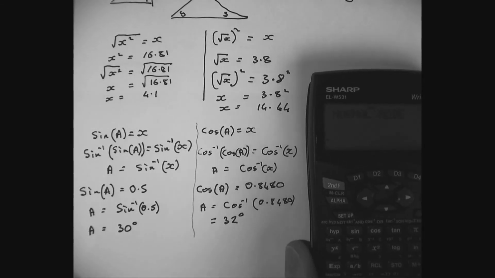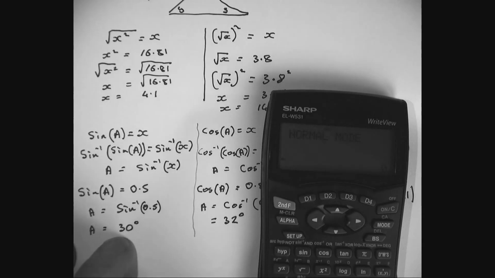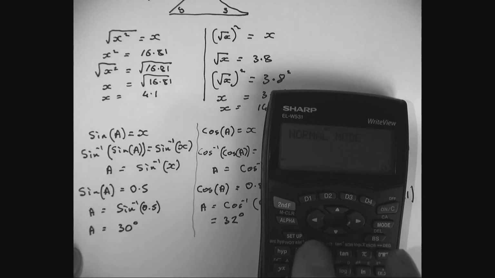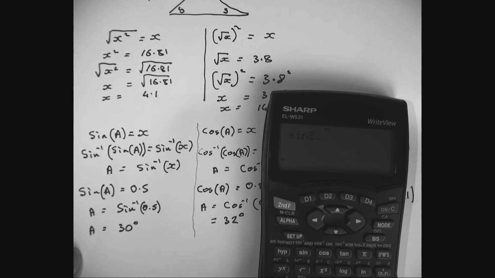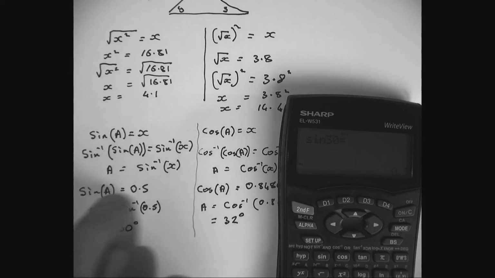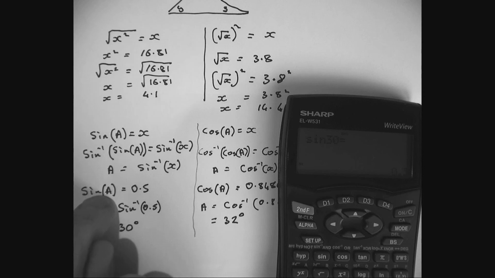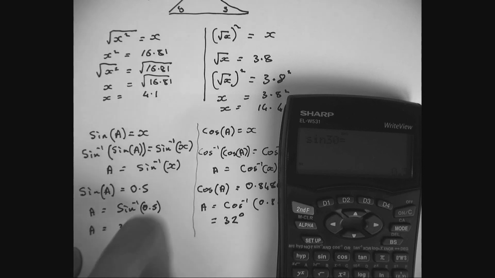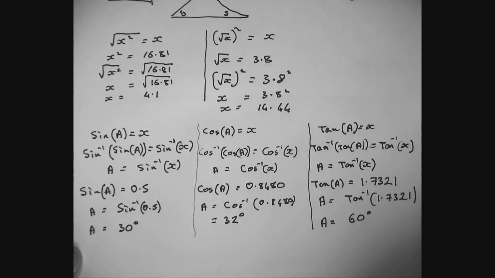Now we can look at what happens if we take the sine of 30 degrees. If I take the sine of 30 degrees, it gives me 0.5 on the calculator. That shows me that the sine of 30 is 0.5. The inverse sine of the sine gives me 30 degrees.